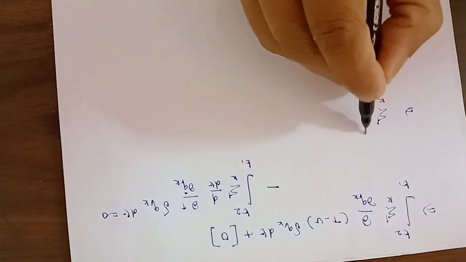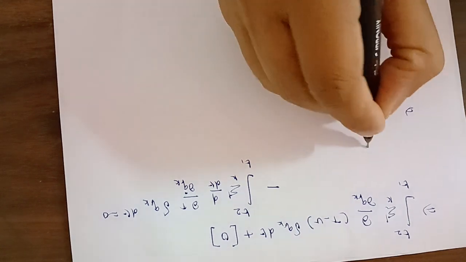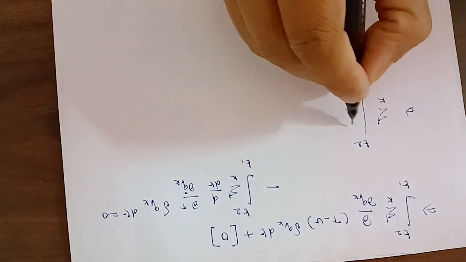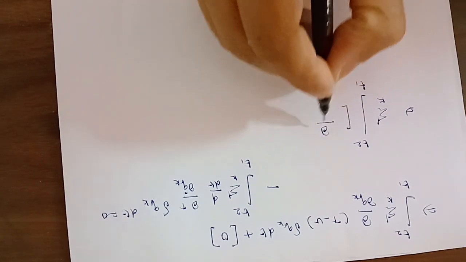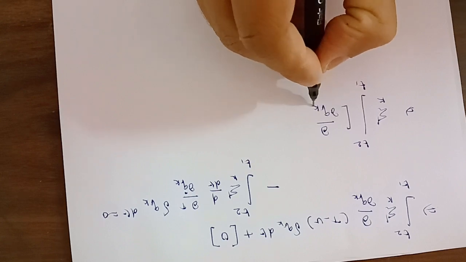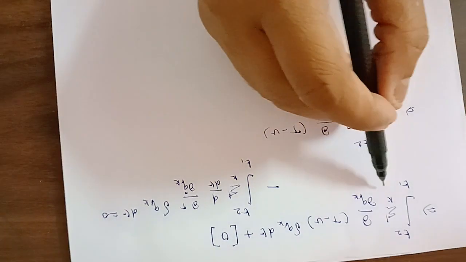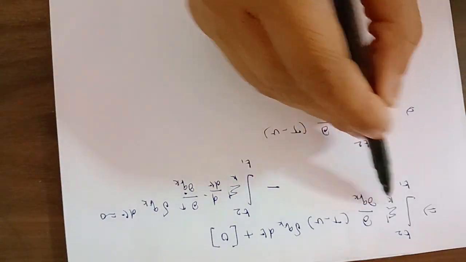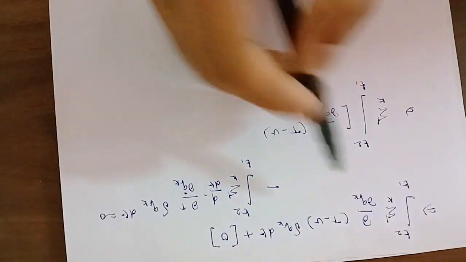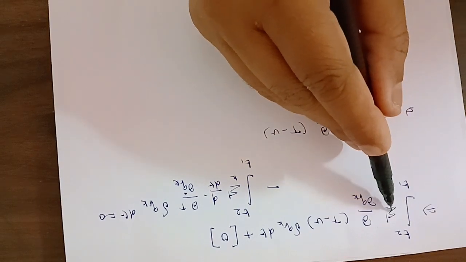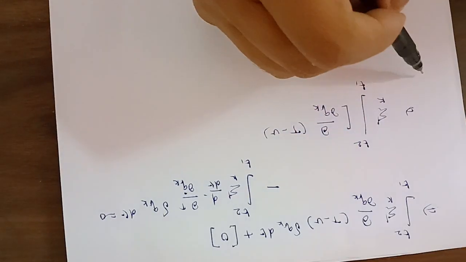Now summation of k, t1 to t2, dou by dou qk of t minus v, because in this term I have taken the summation of k and this integration commonly outside.